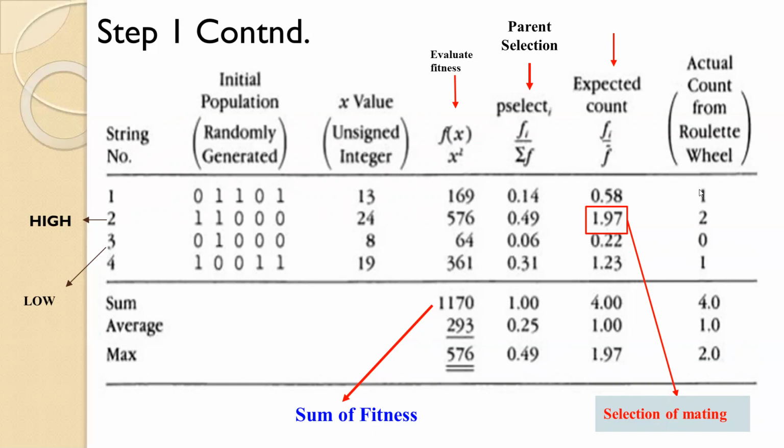This process is called selection of mating. So from this slide, we are estimating the total fitness of 1170, and it is a very high value, 1.97.